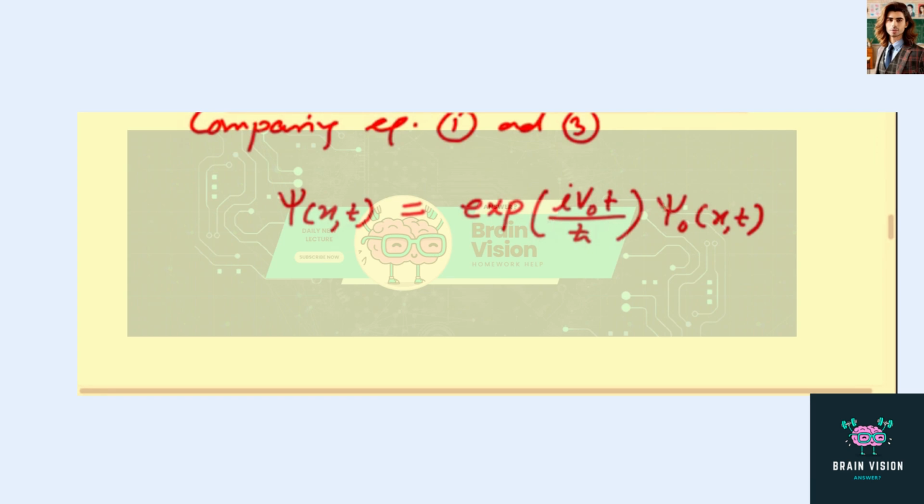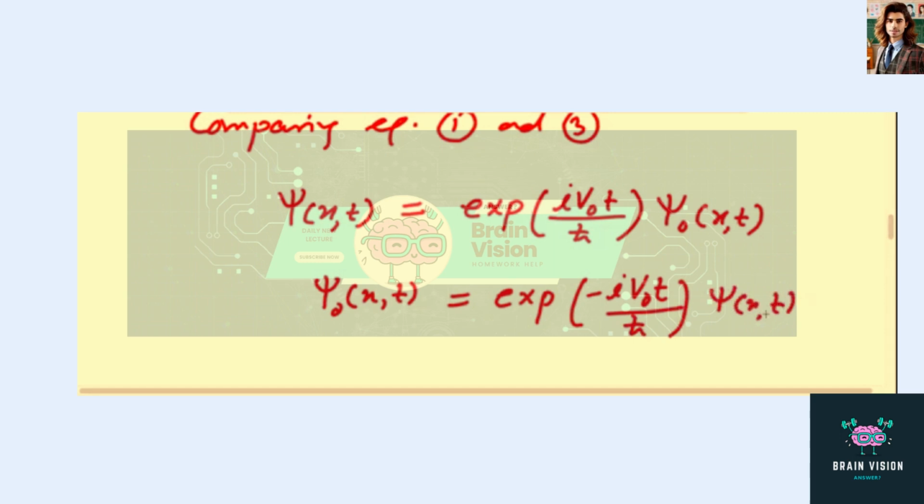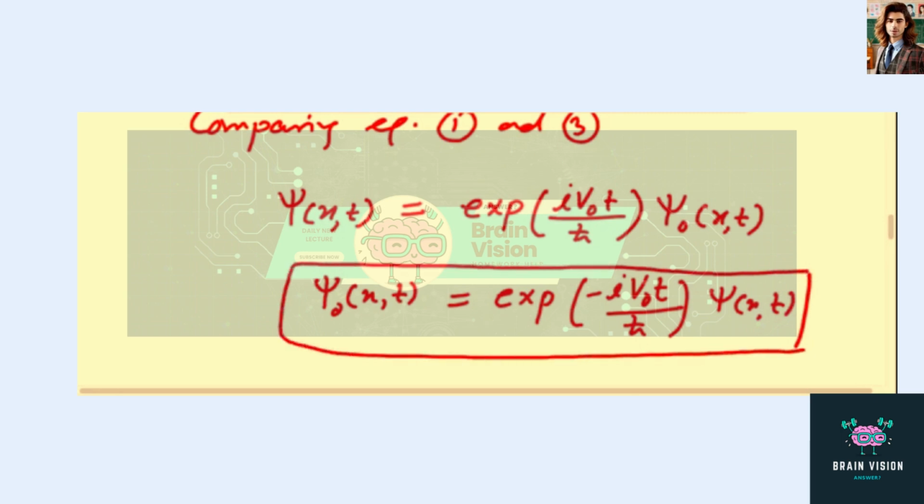Now we have to find this psi naught xt. Psi naught xt is equal to exponential minus i V naught t by h bar and psi xt. So hence the extra term, e power minus i V naught t by h bar, is present because of the constant term added into the potential energy.